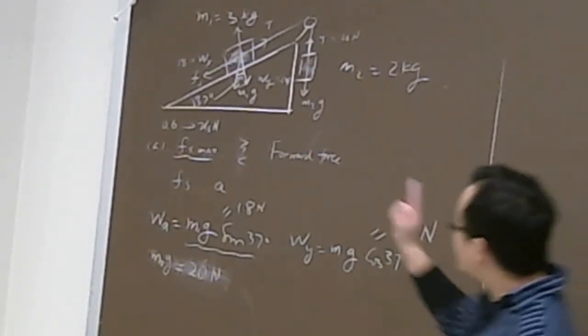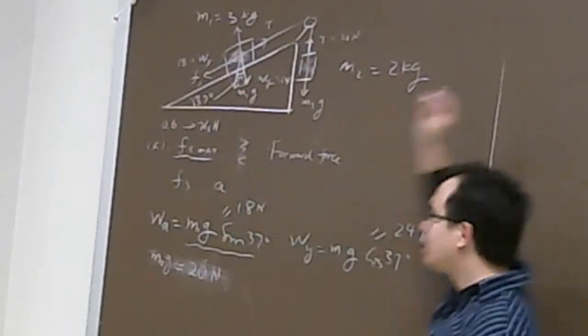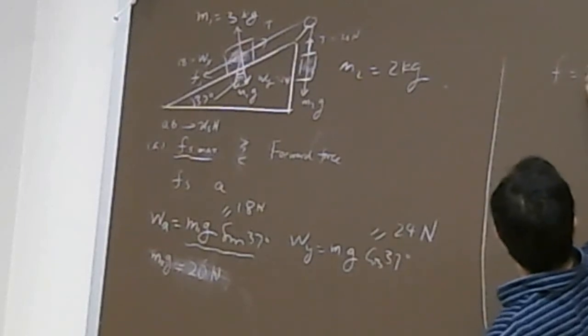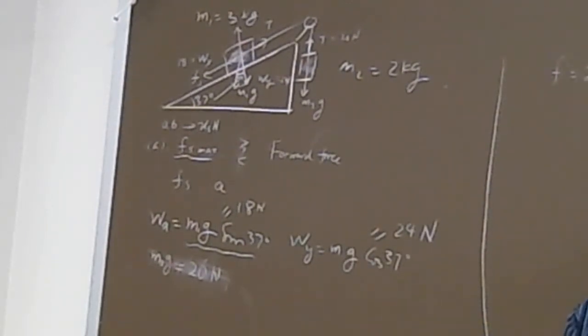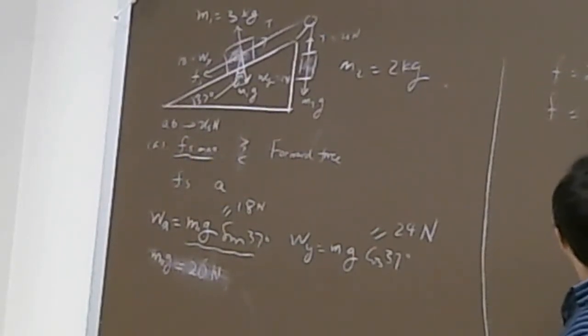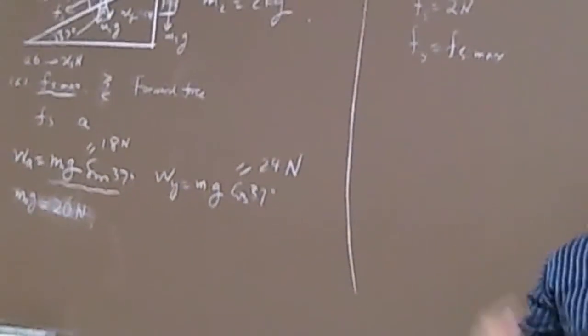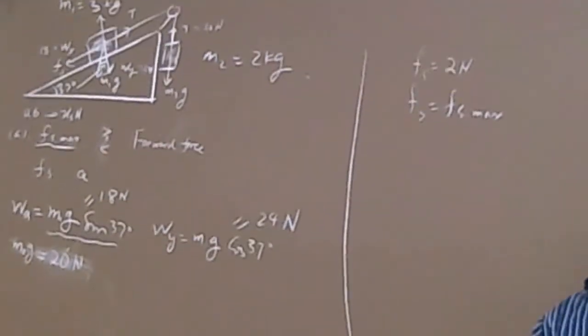One possibility is that you have 20 here, you have 18 here. Friction force can be just 2 Newton to compensate that, right? Another possibility is that it equals Fs max. But you need to determine which one is larger, which one is smaller, the 2 Newton or Fs max. It should be the smaller one, right?